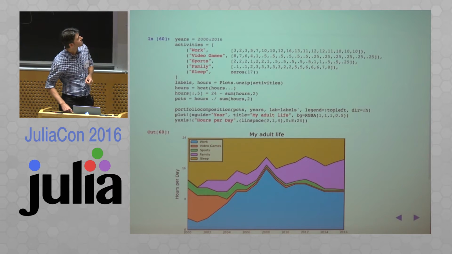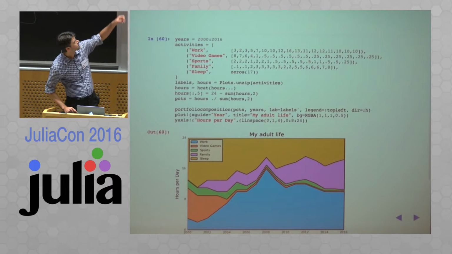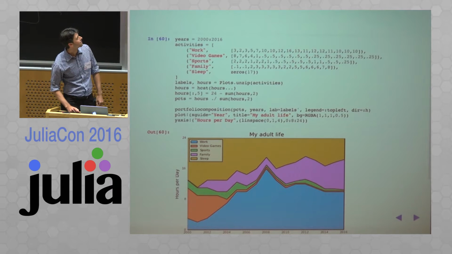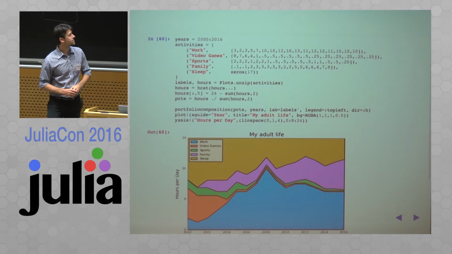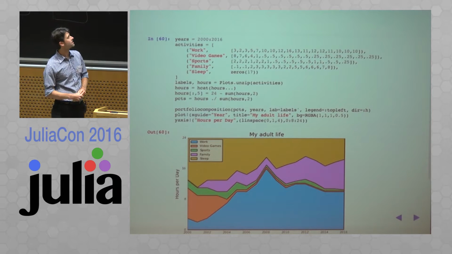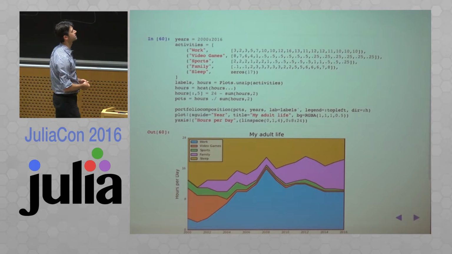But you can see the way it's built. The first section of code there is just setting up our data. We've got a year range that's just defined by an interval, and this percent matrix is just by every year the percentage of time spent.